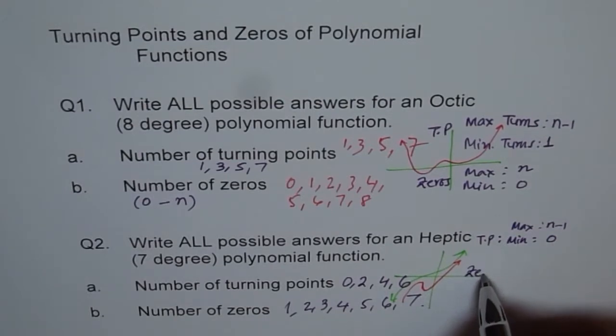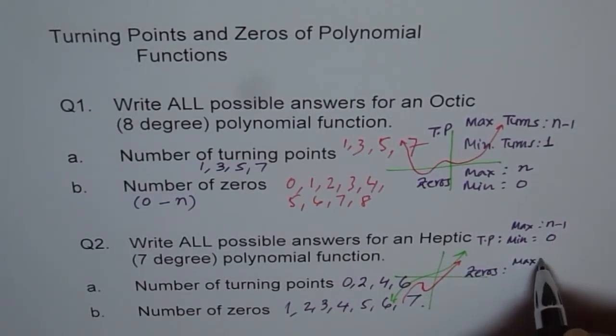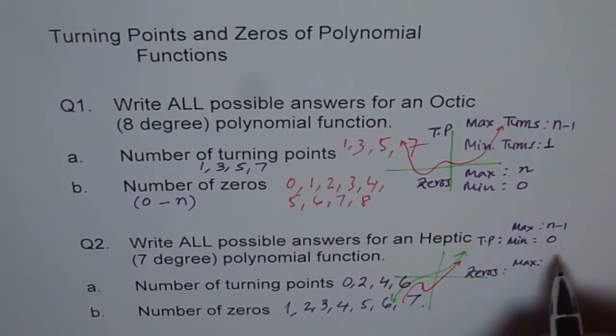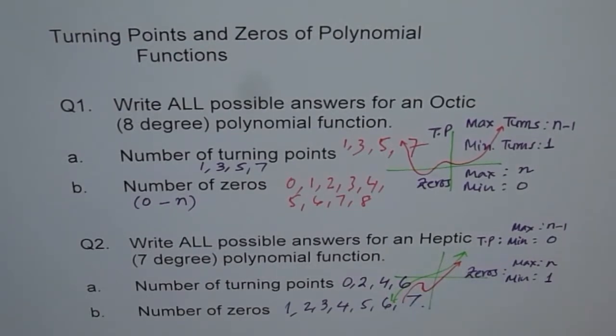As far as zeros are concerned, the maximum is n, just as here. But the minimum is 1 because they have to cross the x-axis. That's the summary, and you should remember this because that's very important to sketch any polynomial graph and to recognize the graph also. Thank you.